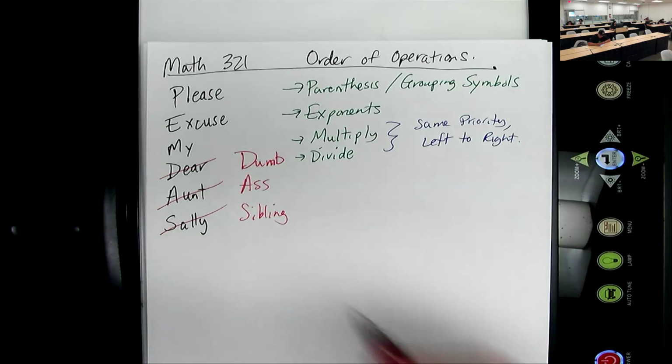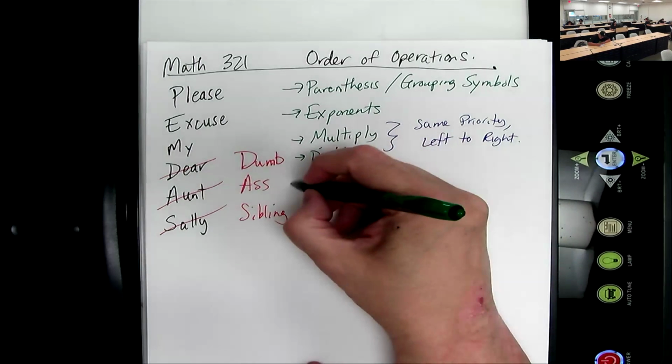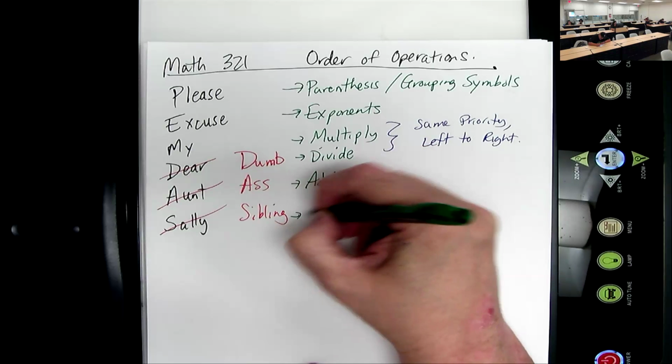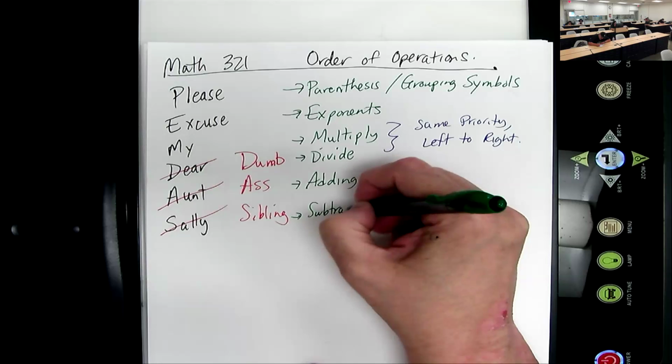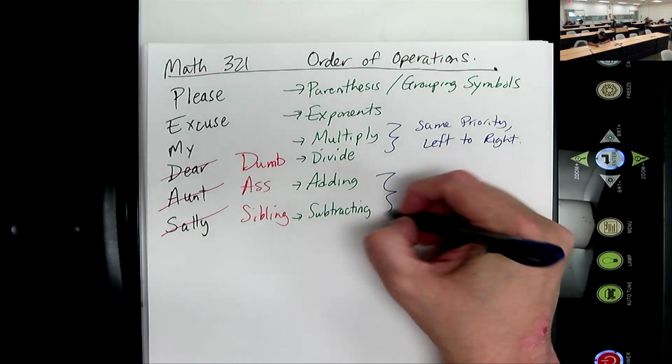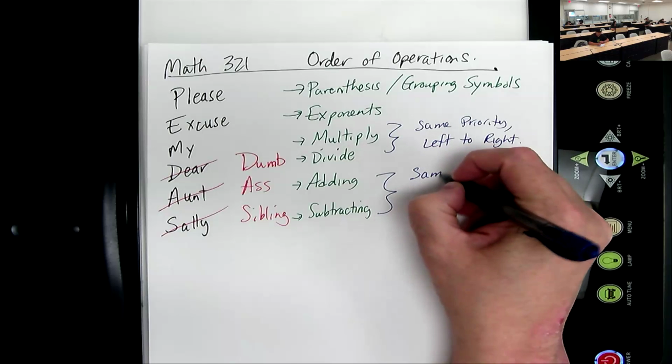And A is for addition and S is for subtraction. Subtracting is just adding the opposite sign, so these are both under. Kind of like adding, these are also same priority left to right.